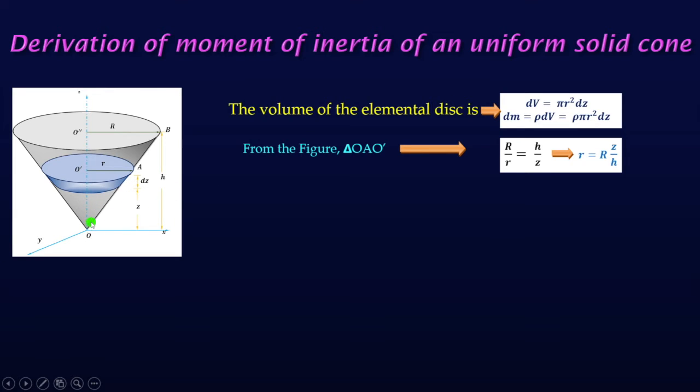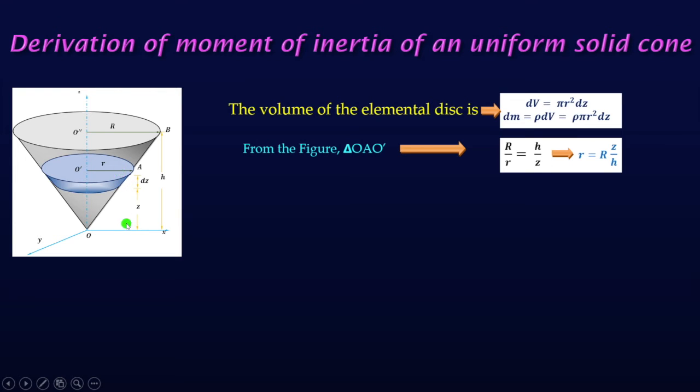O A O dashed for this triangle, and another triangle is this triangle O B O double dashed. So from this you can write base by base, means r by R equals this height by this total height.